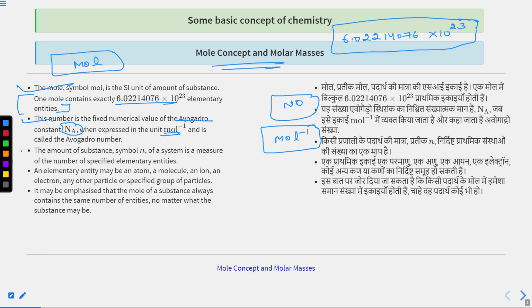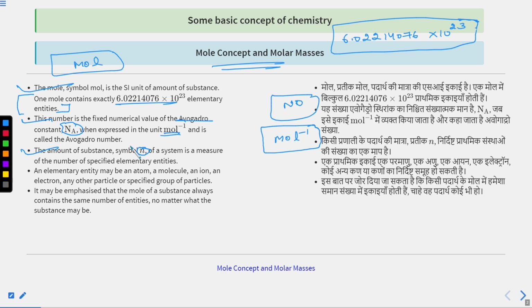The amount of substance represented by symbol n, small n, of a system is a measure of the number of specified elementary entities. They can be cations, they can be anions, electrons, protons, neutrons, atoms, ions, or anything.